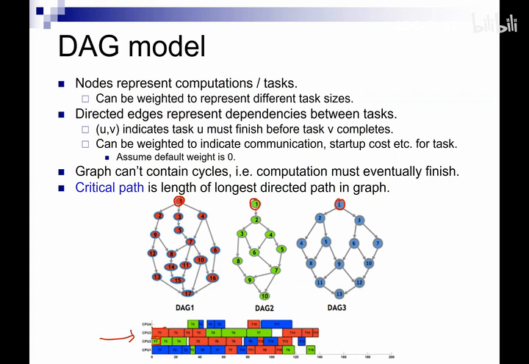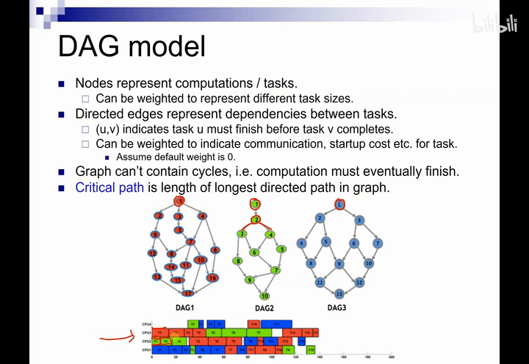Once you're done with the green T1, you can run the green node 2. After you're done with the green 2, you actually have 2 tasks available to you. You can either run 3 or you can run the green 4.